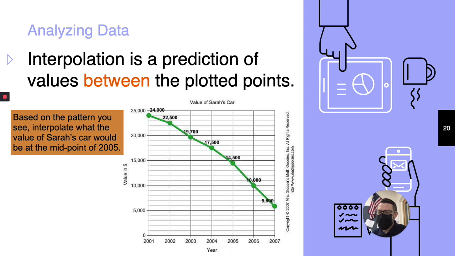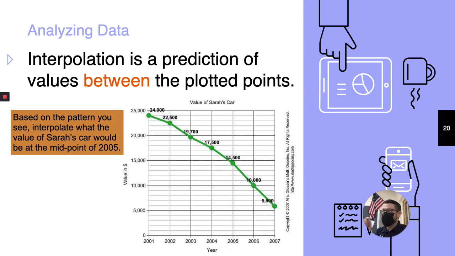So let's say the midpoint of 2005. In January 2005, her car was worth $14,500. In January of 2006, it was worth $10,000. So we know the value of her car is somewhere between $10,000 and $14,500 in the middle.